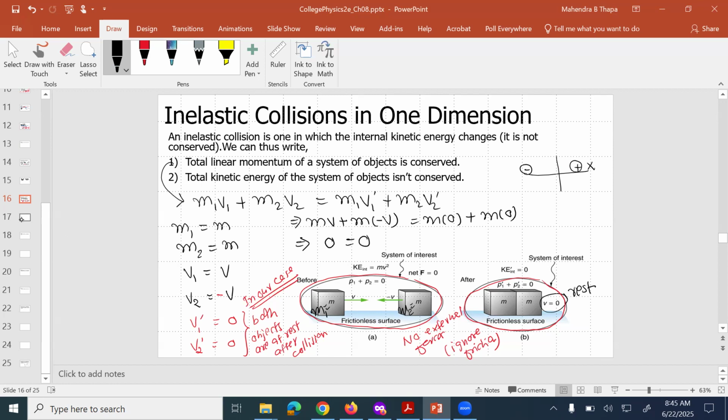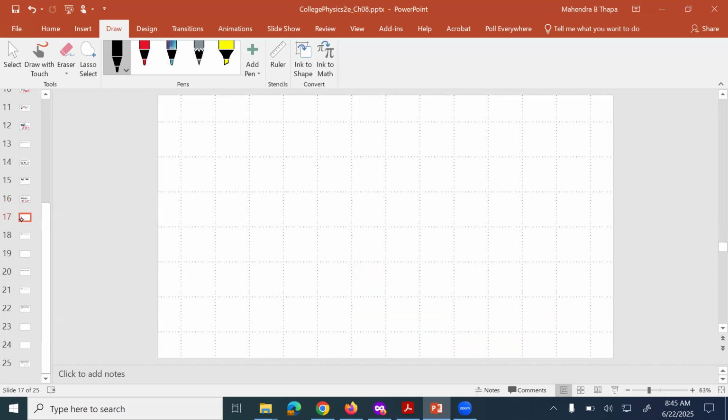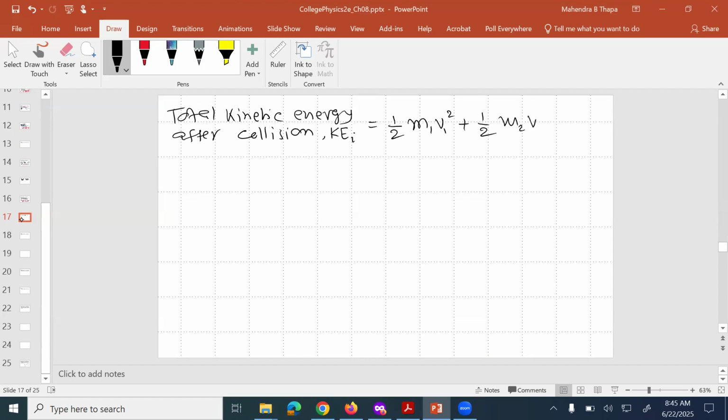So let's find the total kinetic energy. Say KE initial equals half m1 v1 squared plus half m2 v2 squared.